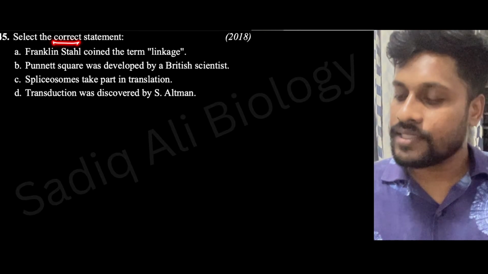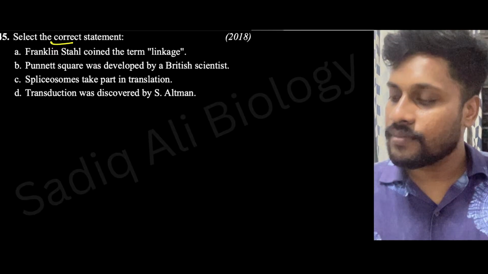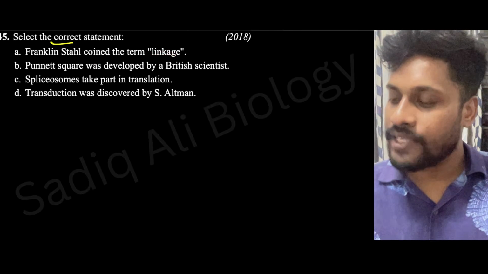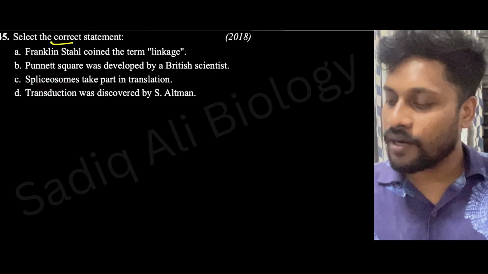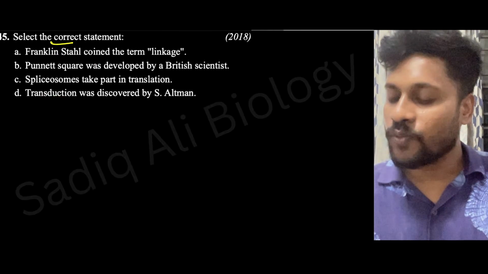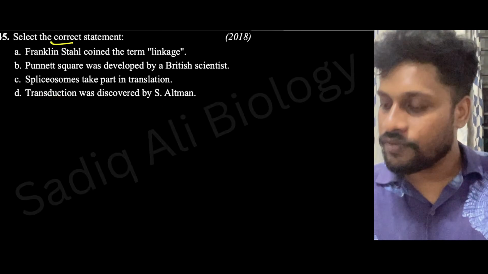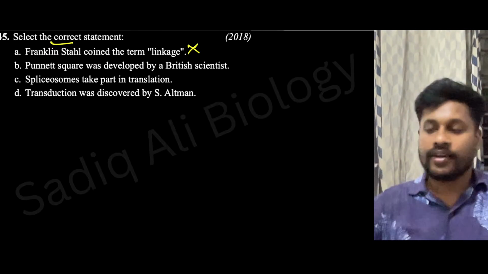Now, select the correct statement. Franklin Stahl coined the term linkage. Punnett square was developed by British scientists. Spliceosome takes part in translation. Transduction was discovered by Altman. Guys, what is the correct statement here? The first one is not correct, because linkage is related to Morgan, right?